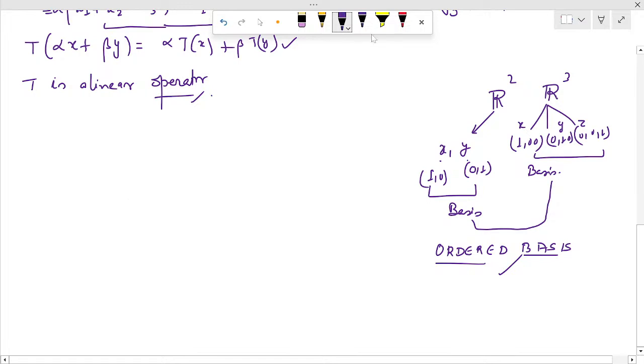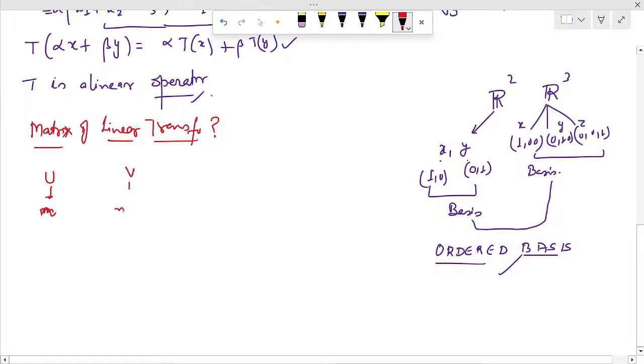Now what happens is, we want to associate a matrix. So another important concept is the matrix of a linear transformation. We want to associate a matrix to a linear transformation, and this brings us to an important discussion. Let U be an n-dimensional vector space and let V be an m-dimensional vector space.